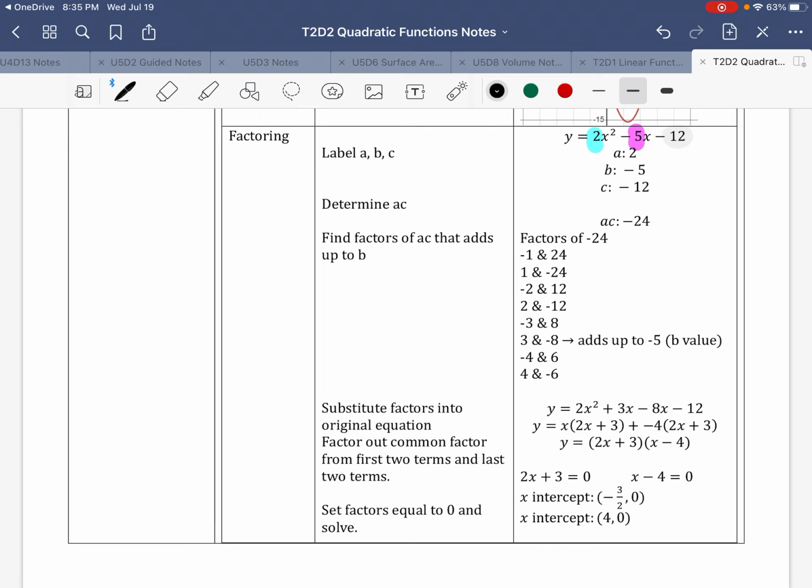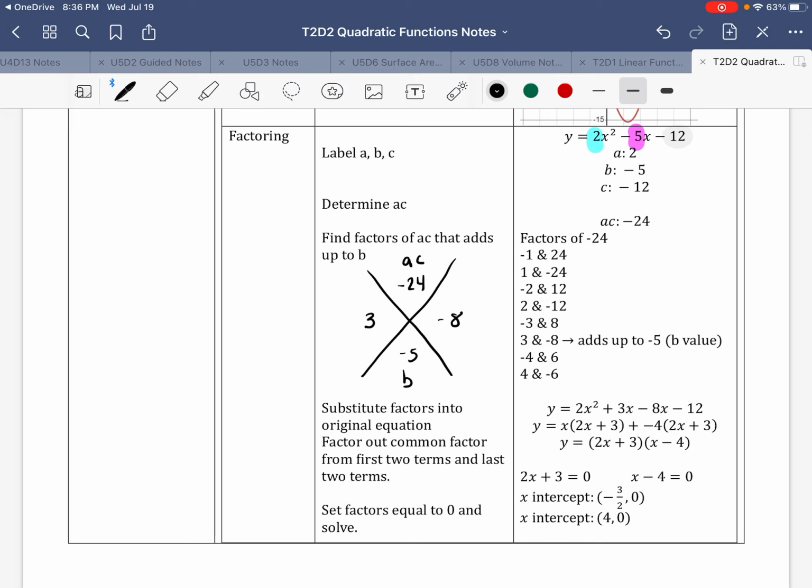A lot of times we can use this kind of x method here, where it's going to be a times c on top, and b on the bottom. So here ac is negative 24, our b value is negative 5, and the factors that give us negative 5 are 3 and negative 8. So we're going to write those here, 3 and negative 8, all right?